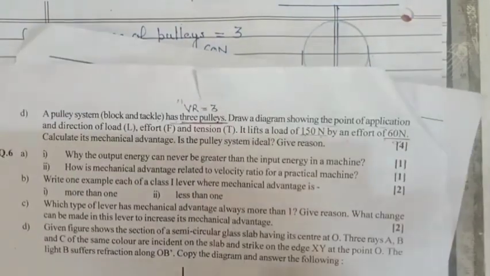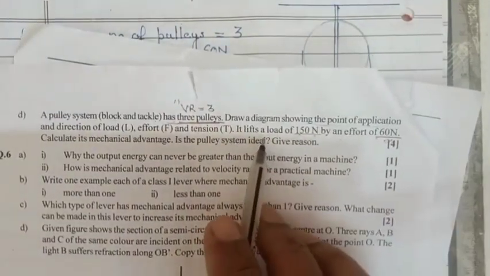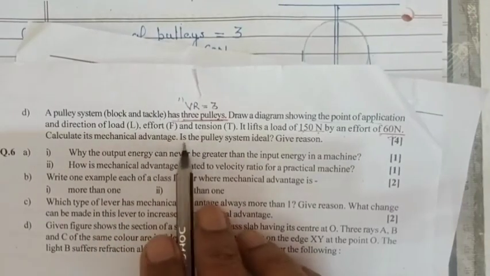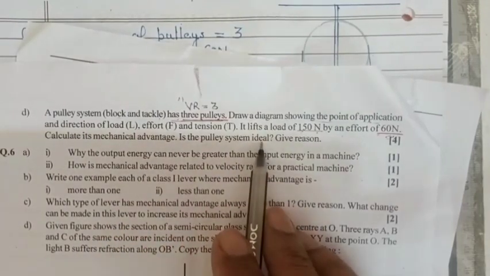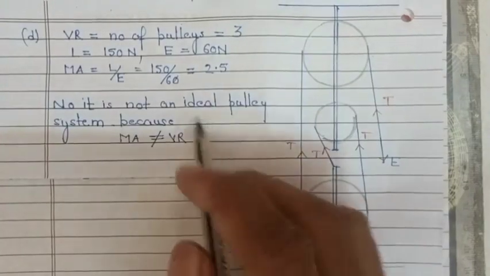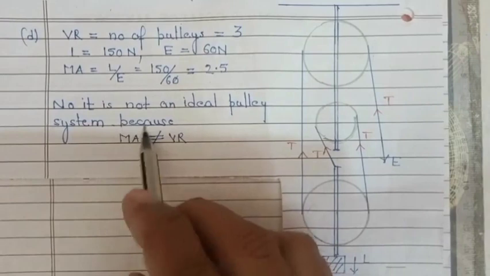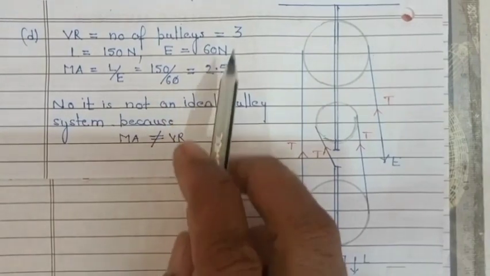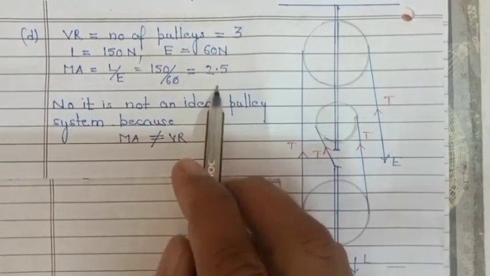Now what else are they saying? They are saying calculate its mechanical advantage, that we have calculated. Is the pulley system ideal? One way of checking whether the pulley system is ideal or not is that mechanical advantage and velocity ratio are not equal.